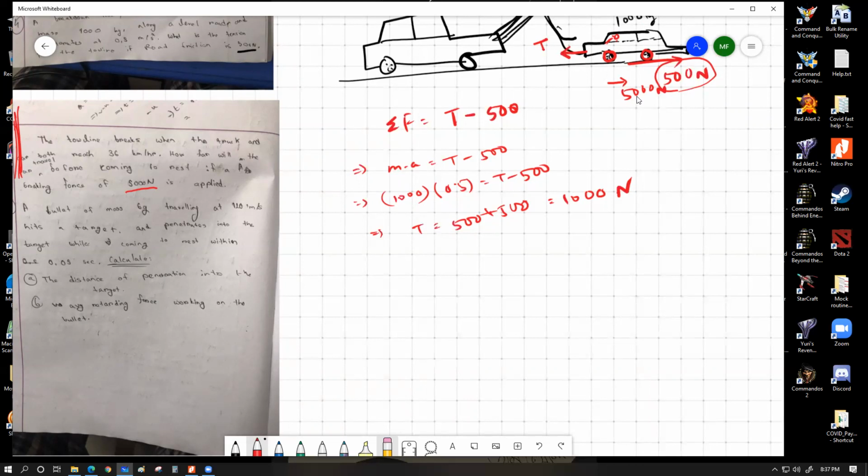So I'm going to do the math for both of them. Let's say if we take the total braking force to be only 5,000 Newton, in that case the acceleration, or to be honest in this case deceleration of the car, should be 5,000 divided by 1,000, which gives you 5 meters per second square. This is going to be our deceleration, and the initial velocity was 36 kilometers per hour, so we might as well convert that into meter per second.